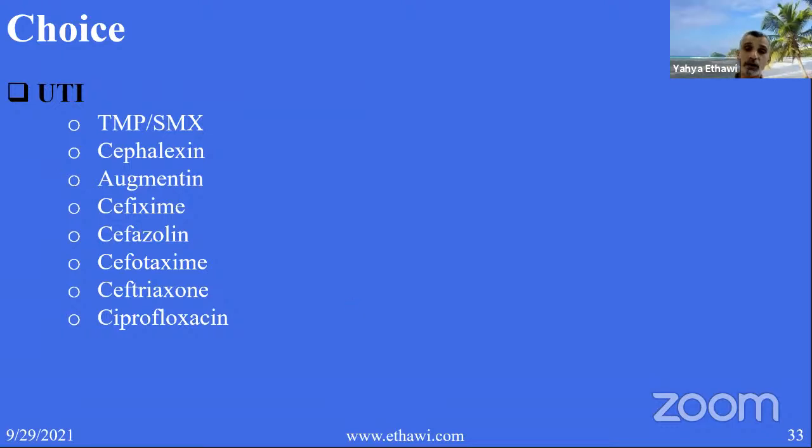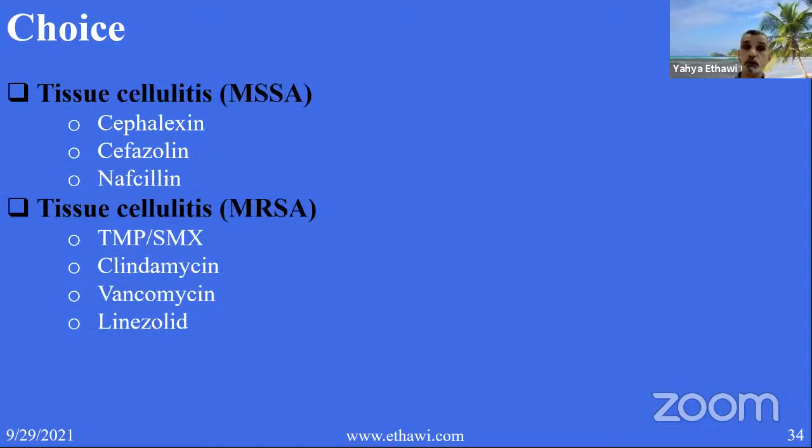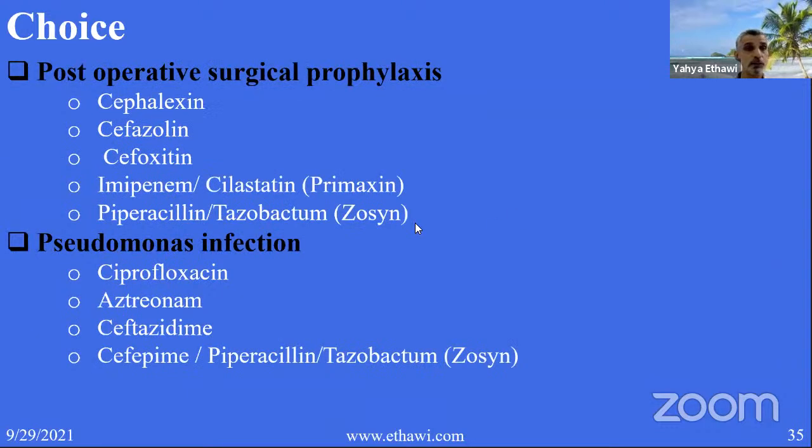Trimethoprim, cephalexin, Augmentin, cefixime, cefazolin, cefotaxime, ceftriaxone, or ciprofloxacin. If we have soft tissue cellulitis and MSSA, then cephalexin, cefazolin, or nafcillin, depending on IV or oral. If it's MRSA, then trimethoprim, clindamycin, vancomycin, or linezolid.